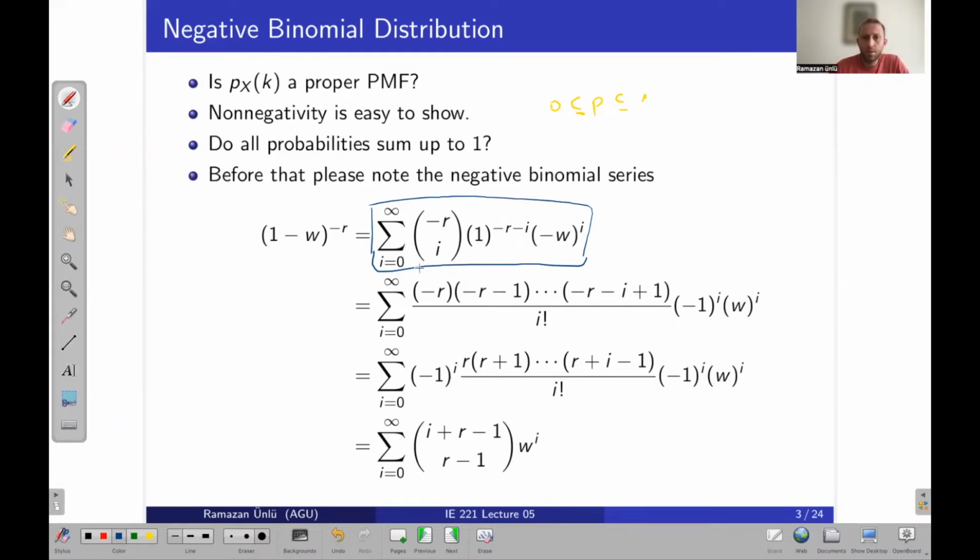Okay, so this is the formulation of this one. This is the expansion of this one. So you can think of this part as 1 plus minus w, or in general form A plus B, to the minus i.